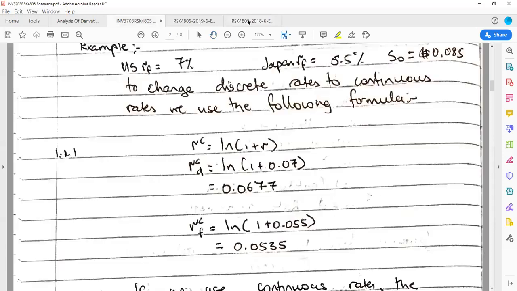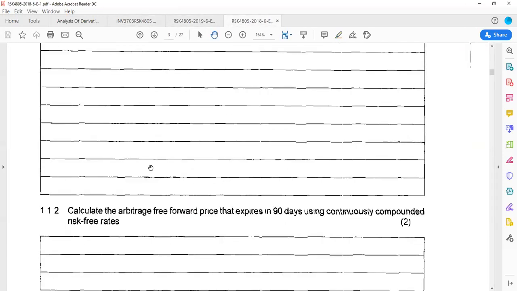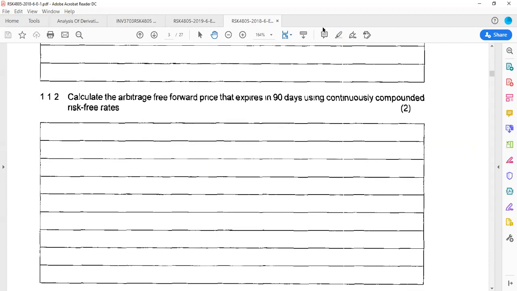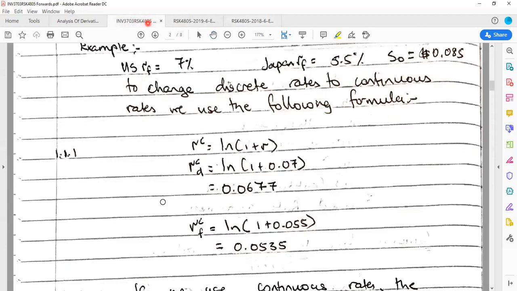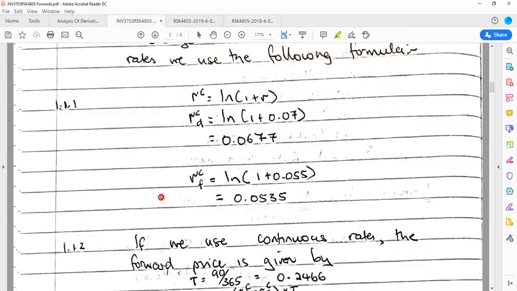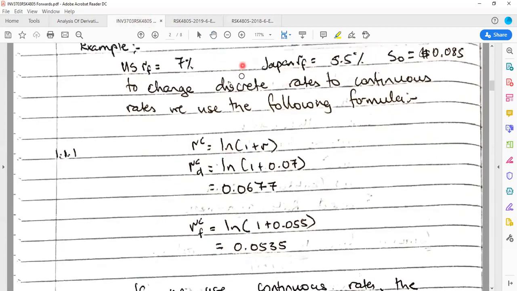And then the next part of the question says, calculate the arbitrage-free forward price that expires in 90 days using continuously compounded risk-free rates. Here they want us to determine the forward price of the currency forward contract.